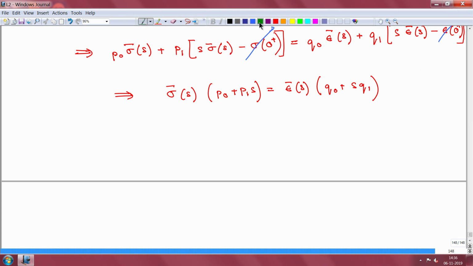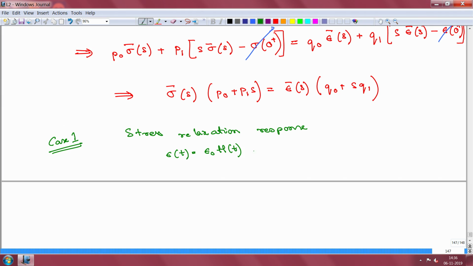So, let us say we are solving for the stress relaxation response. Okay, case 1, stress relaxation response. In this case we know that epsilon t is equal to some epsilon naught times the Heaviside function.